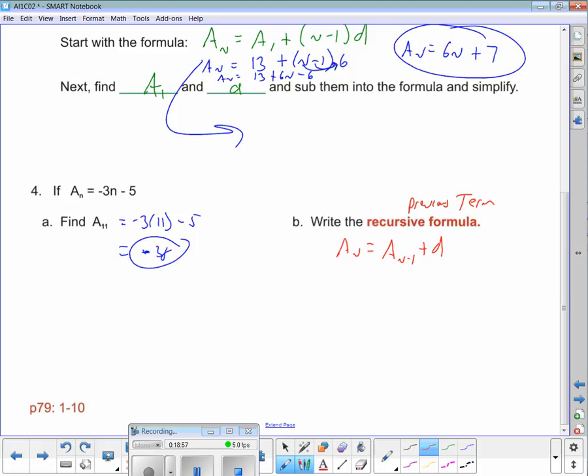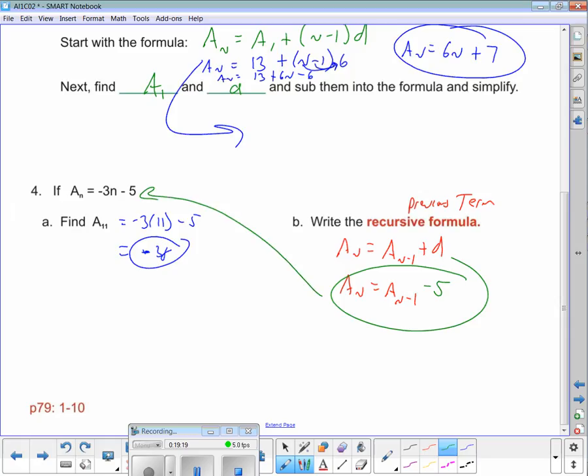So now we got to make it specific to this thing. And the only thing you can do specific in the recursive is to supply d. And what is d? It is a negative 5, right? And I was using the example from up here, right? So the recursive formula always looks like that, and that's as specific as you can get.